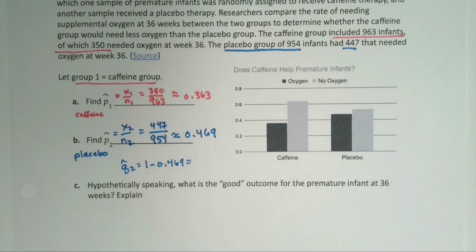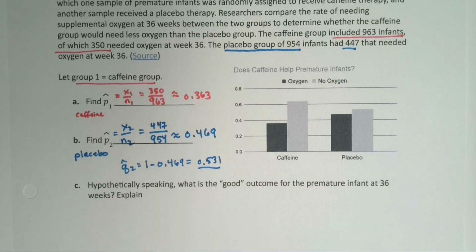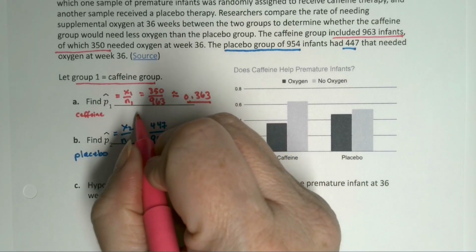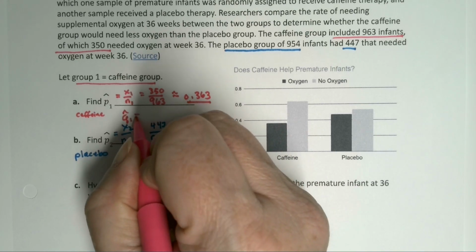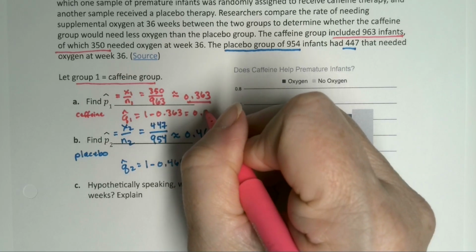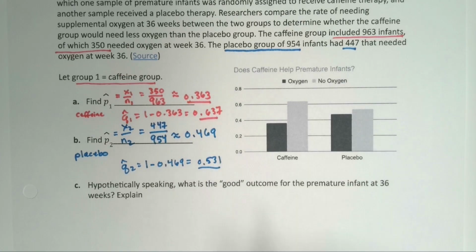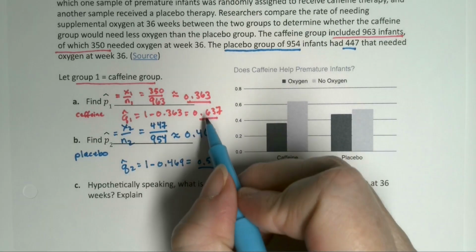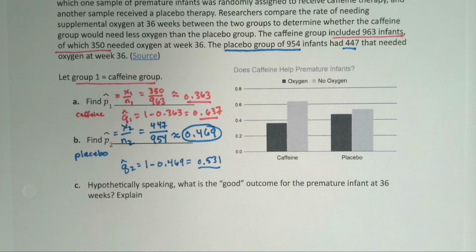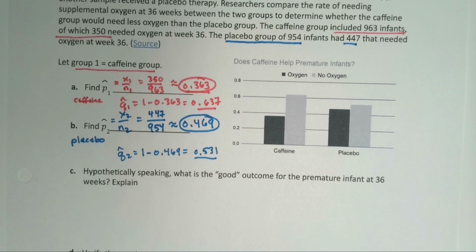All right, so now we know this is 0.531, and then this one, q hat for group 1, would be 1 minus 0.363, which is 0.637. Okay, so we have our p hats, which were what was asked for. Right here, I'll circle those. And we have these q hats that we might need for later.